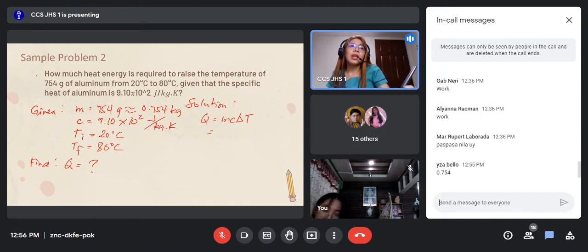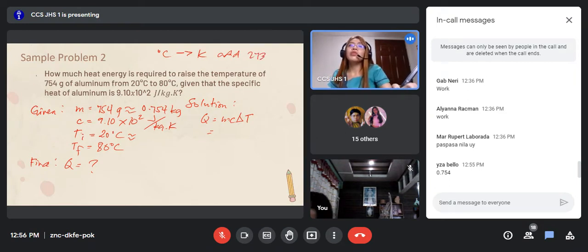Next, what about the initial temperature, from degrees Celsius to Kelvin? To convert degrees Celsius to Kelvin, you just add what value? I hope you still remember that. How much do you add to degrees Celsius? 273, right? Degrees Celsius to Kelvin, add 273.